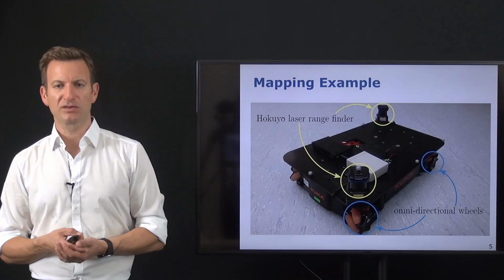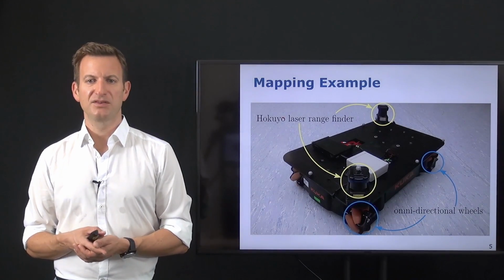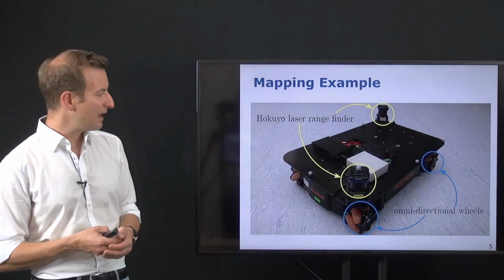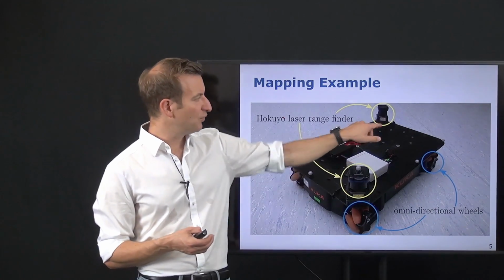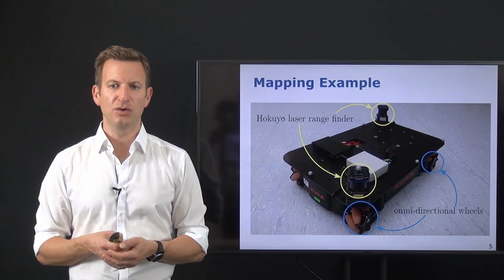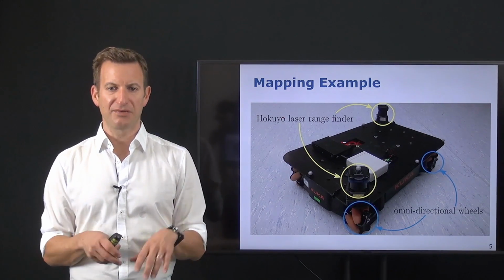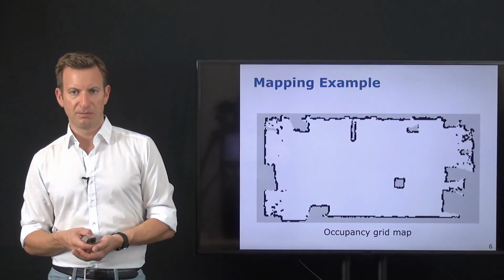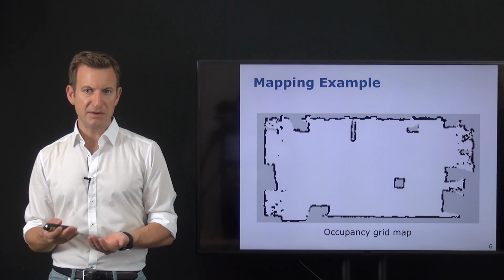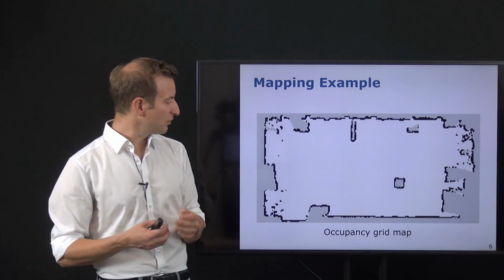What does a robot look like that could build such a map? This is a simple example. It's one of the platforms that we have in the lab, a U-bot, which is equipped with two horizontally looking 2D laser rangefinders, these Hokuyo rangefinders, and it can drive through the environment. A very simple occupancy grid map could look like this. What you see here is basically an image rendered from such an occupancy grid map.